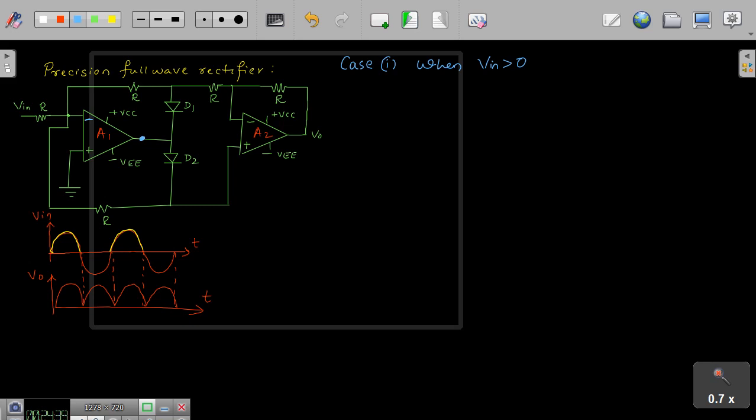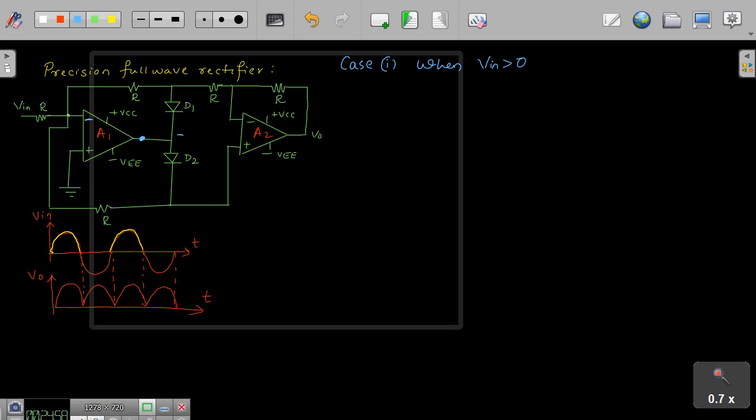So when the output is negative, this terminal will be minus. This minus is connected to the cathode of diode D1. Obviously D1 will be forward biased and D2 will be reverse biased. This is what you are supposed to see, right?